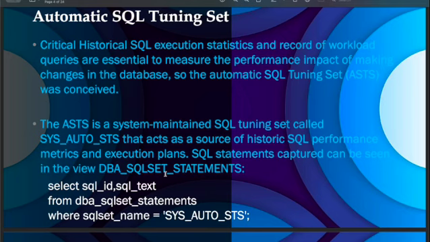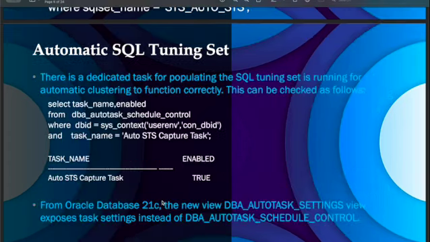As you can see in the select statement, you can run it: select sql_id, sql_text from dba_sqlset_statements where sqlset_name equals sys_auto_sts.